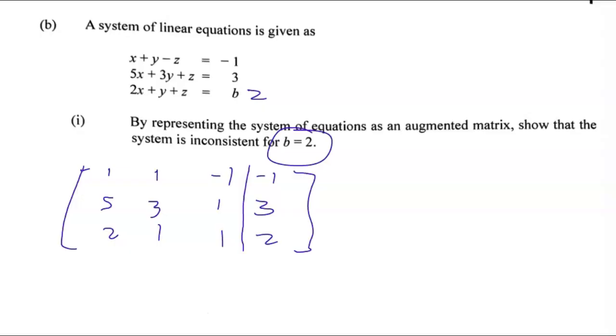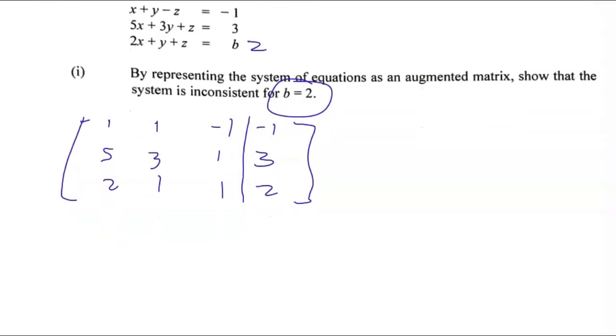So we're going to use Gaussian elimination. We need some zeros to lead our second and third rows. So I'm going to change row 2 and row 3. Row 2 will become row 2 minus 5 row 1, since if I subtract 5 from this, I get a 0 here.